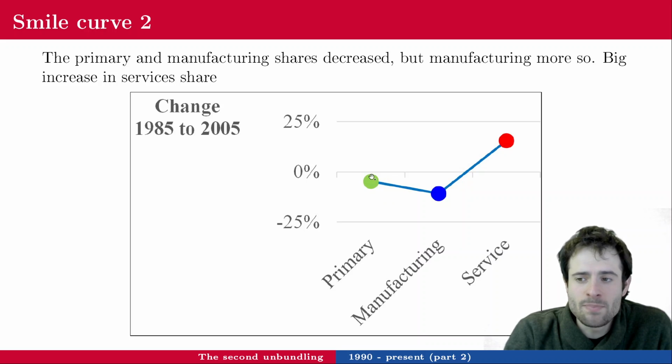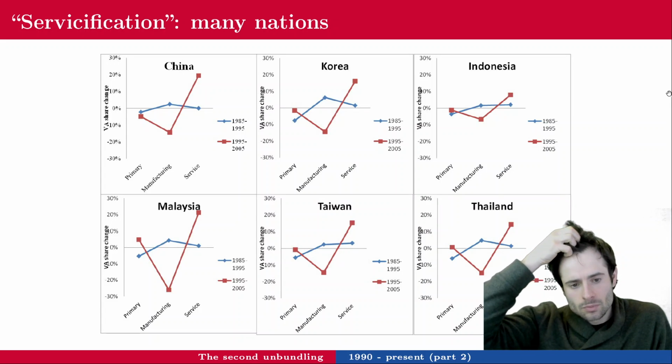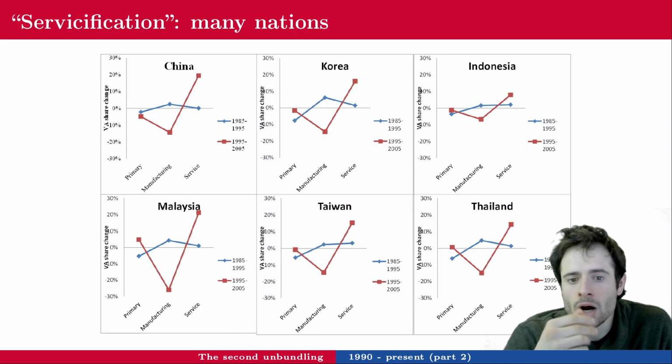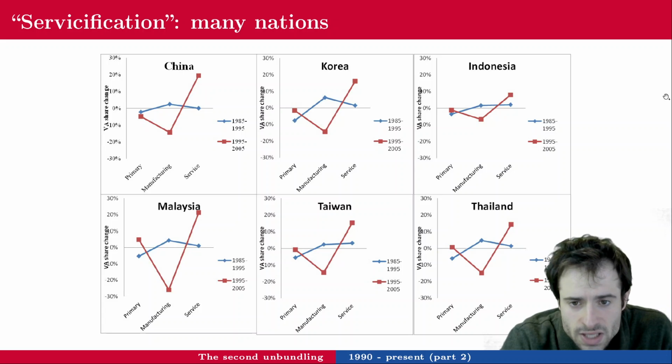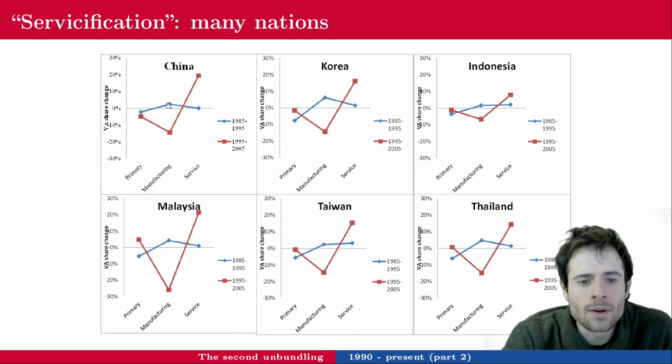And we observe a big increase in services share over 20 years in many countries. So those are changes. So when you see here minus 10%, this means that the share of value added that is due to manufacturing decreased by 10% between 1995 and 2005.